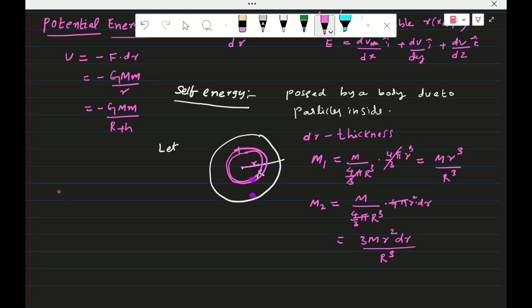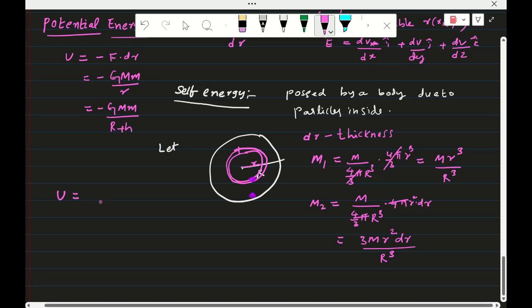For self energy, the formula U is equal to work done, minus G m1 m2 by small r. So this is dU.